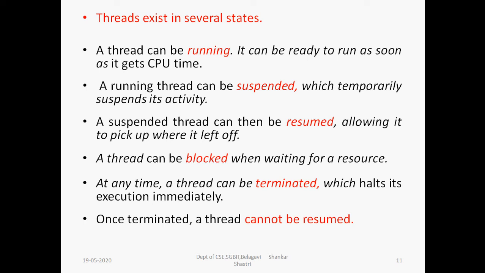Because of some operations, it is waiting in the program, so we call it a suspended thread. Resumed means that after waiting, the thread again starts executing where it previously left off. That is the resumed state. Blocked means a thread can be blocked when waiting for a resource. Because it needs some more resources, it is in the blocked state. Once all the operations are over, a thread can be terminated, which halts the execution immediately.